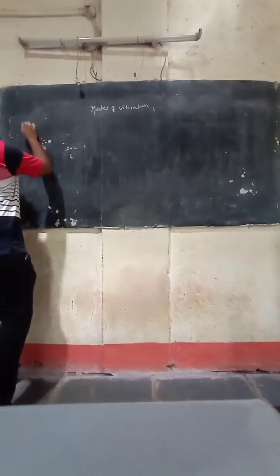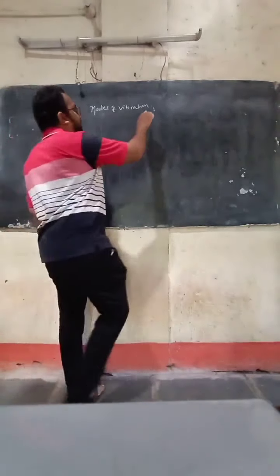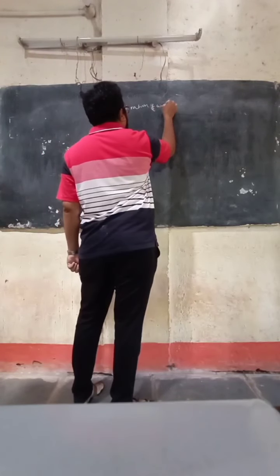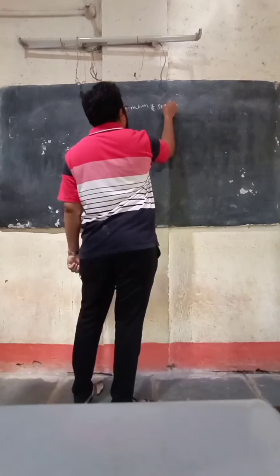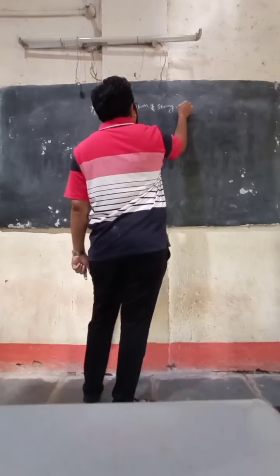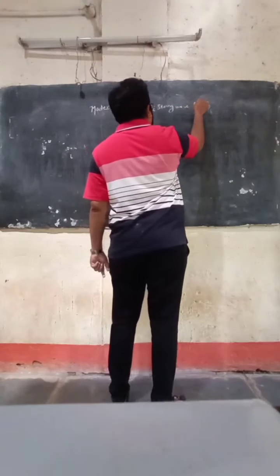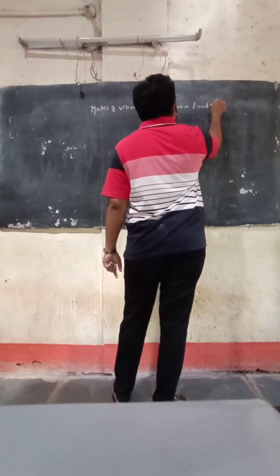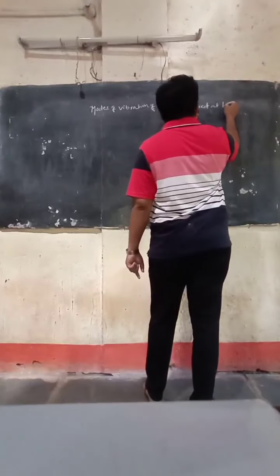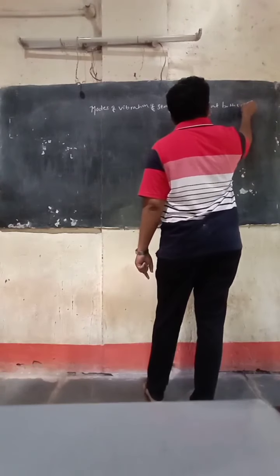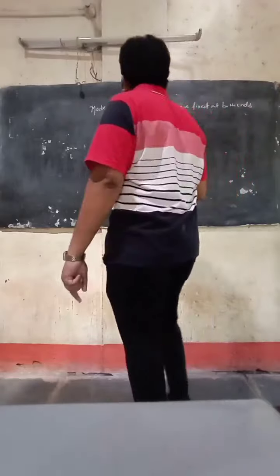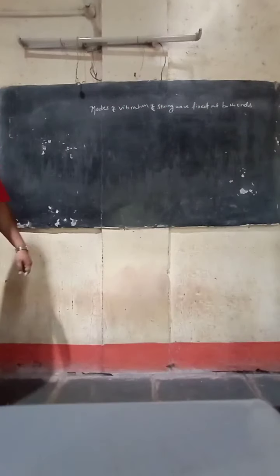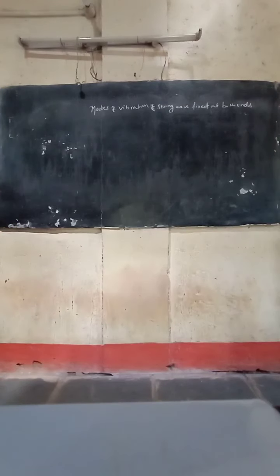So the first case आपण बघूया, modes of vibration of string wave fixed at both ends. Modes of vibration of string wave fixed at both ends. Let's see, is it visible or not?